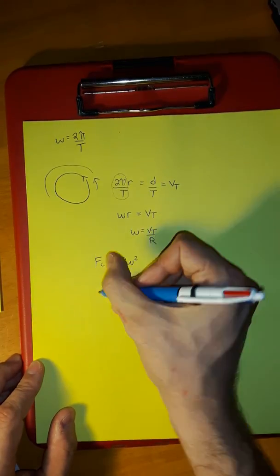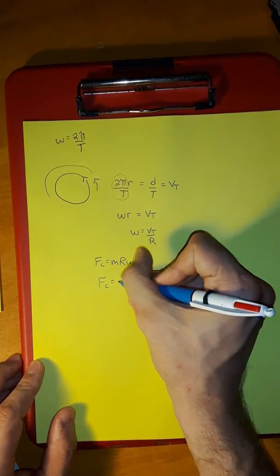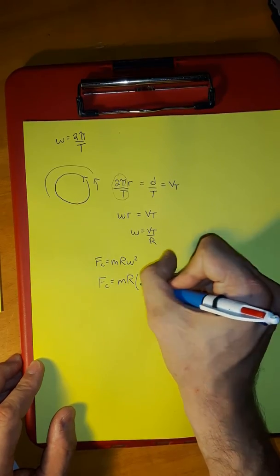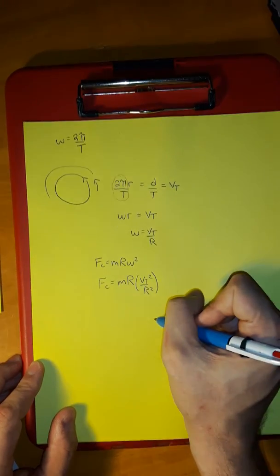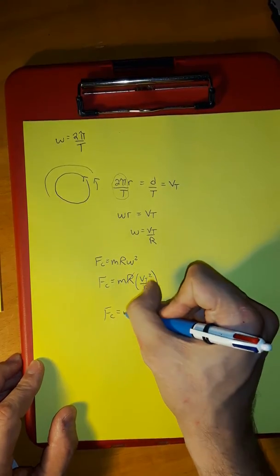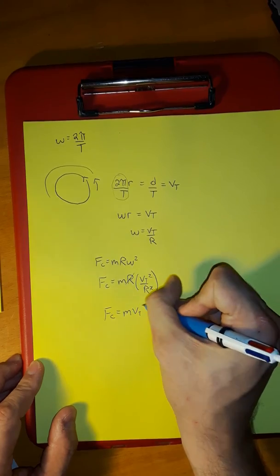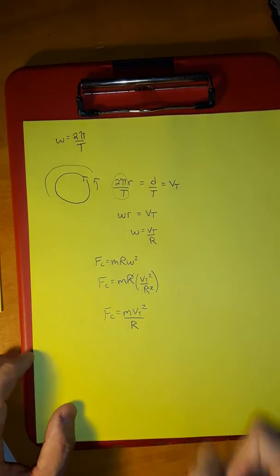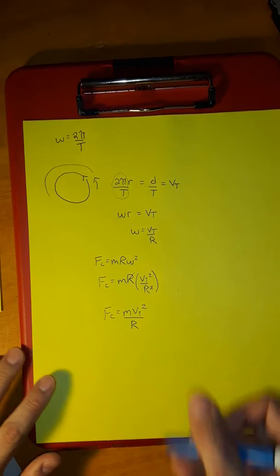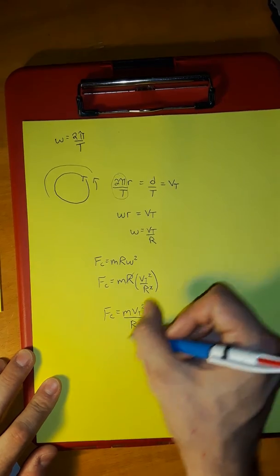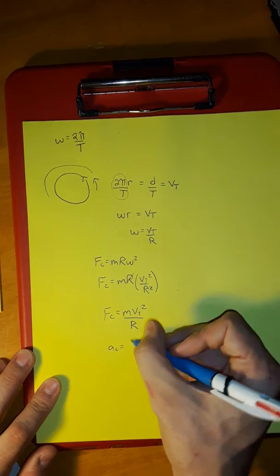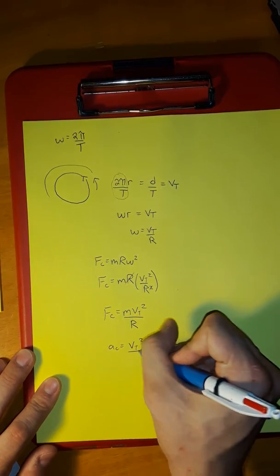So if we sub this omega in, m r v_t squared over r squared, we'll get an r canceling out. And there we have a formula for centripetal force, m v_t squared over r. And the acceleration would just be divided by the mass, so we get v_t squared over r.